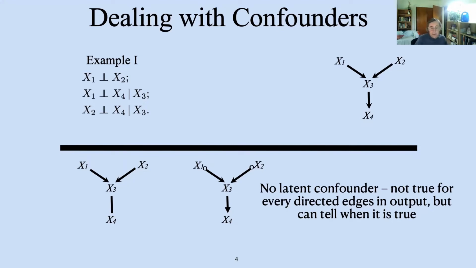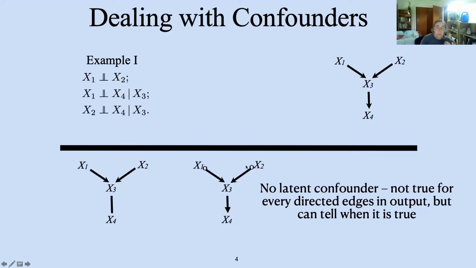I'll explain later what the graph on the right means, but it says that x3 is not an ancestor of x1. I can tell that from this arrowhead. But this circle means I actually don't know whether there should be an arrowhead indicating that x1 is not an ancestor of x3, or whether x1 is an ancestor of x3.